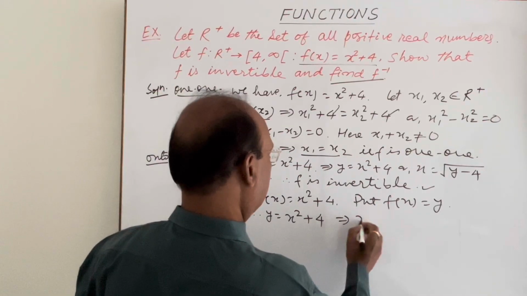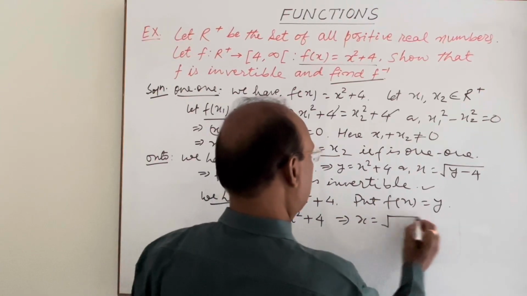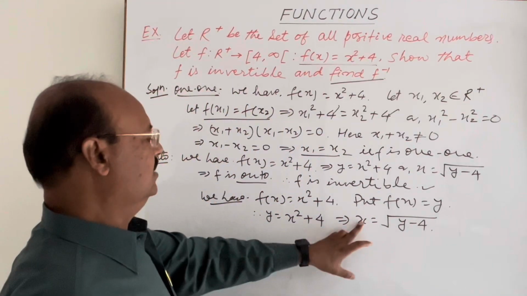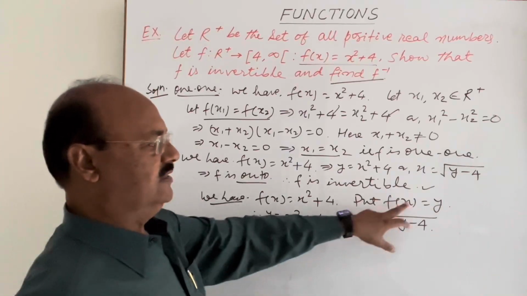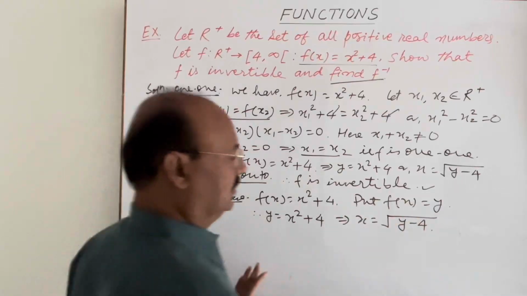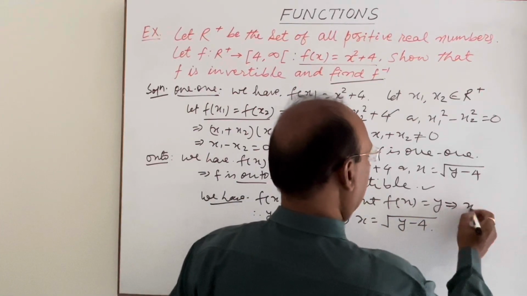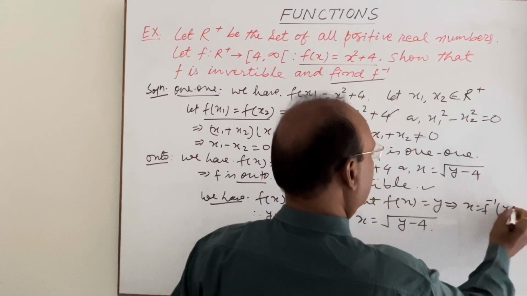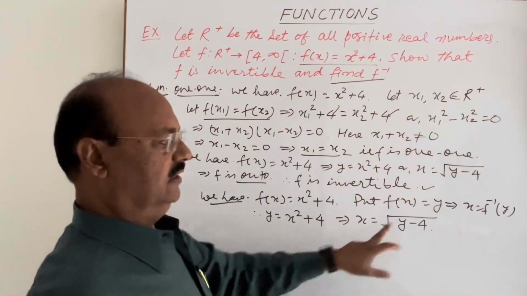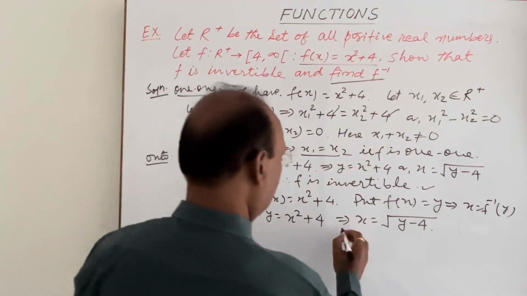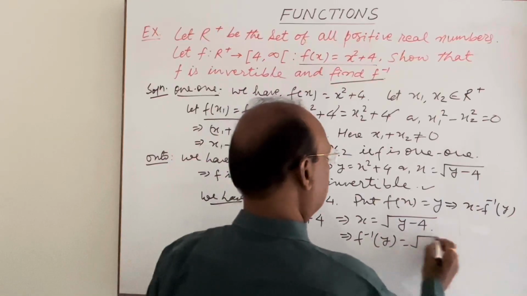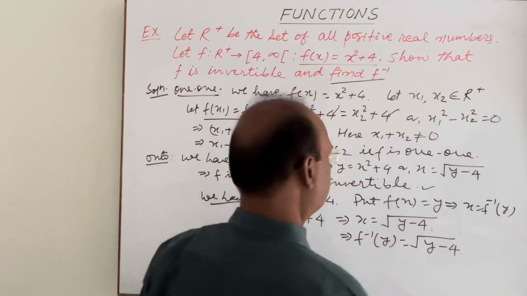This implies x is equal to square root of y minus 4. And if f(x) is y, then x is f inverse of y. So in place of x, we can write f inverse of y. So we are getting here f inverse of y is equal to square root of y minus 4.